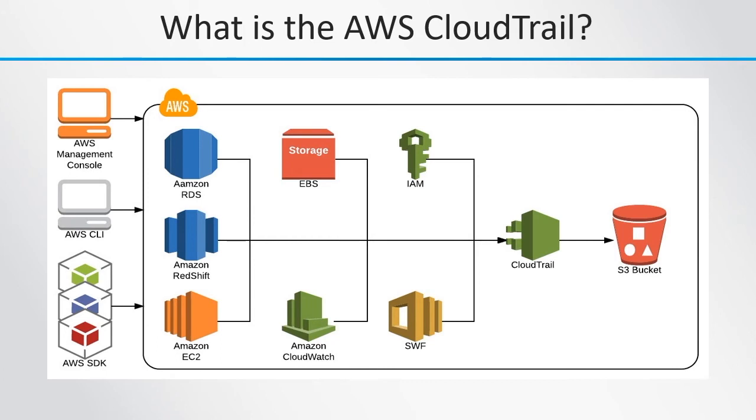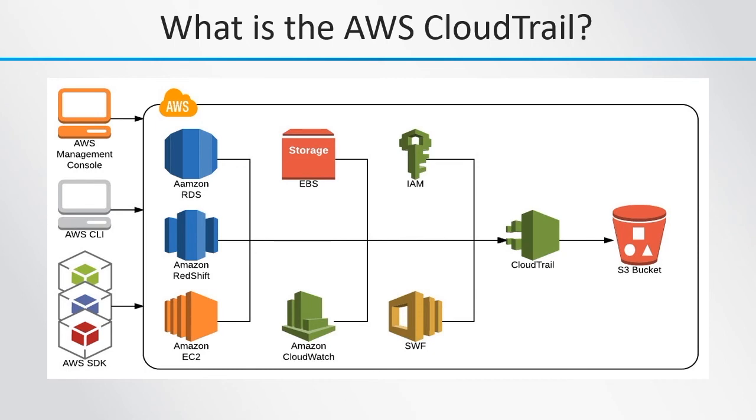So it's a tool that will record events on your AWS account, and we will call this action of recording events and putting them in an S3 bucket, or making them available for 7 days on your account, a log. Basically, CloudTrail will log all the events that go through the AWS API.